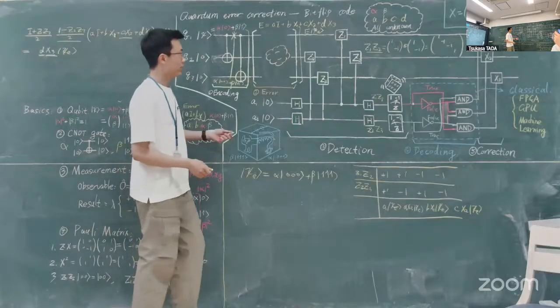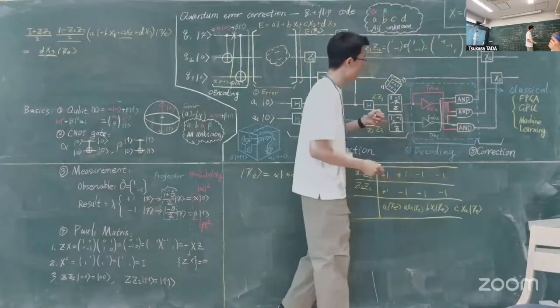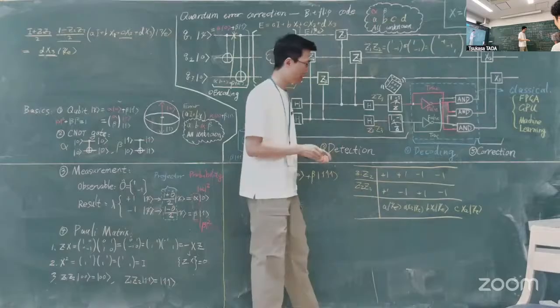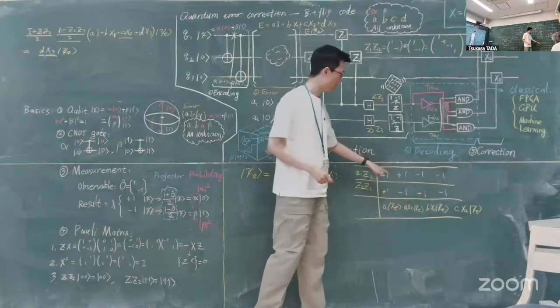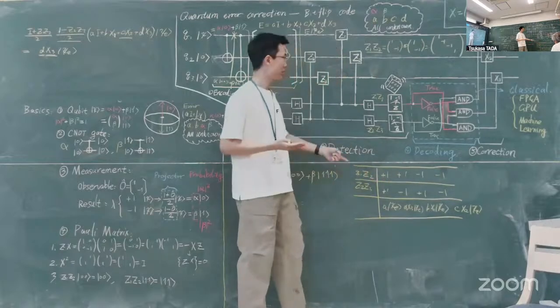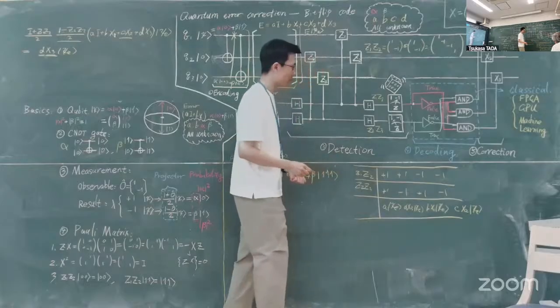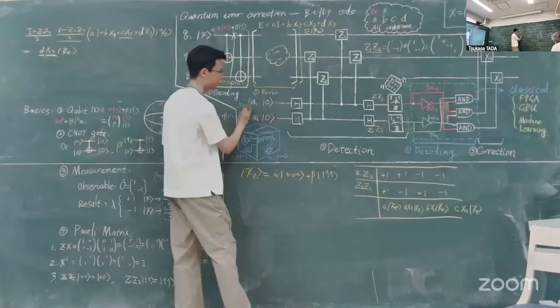And also, you can see that we can design this classical circuit because we only have two ancillary qubits. And we can have this chart of only 4 cases because we have 2^n. In practical quantum computation, the number of ancillary qubits would be, for example, 50.